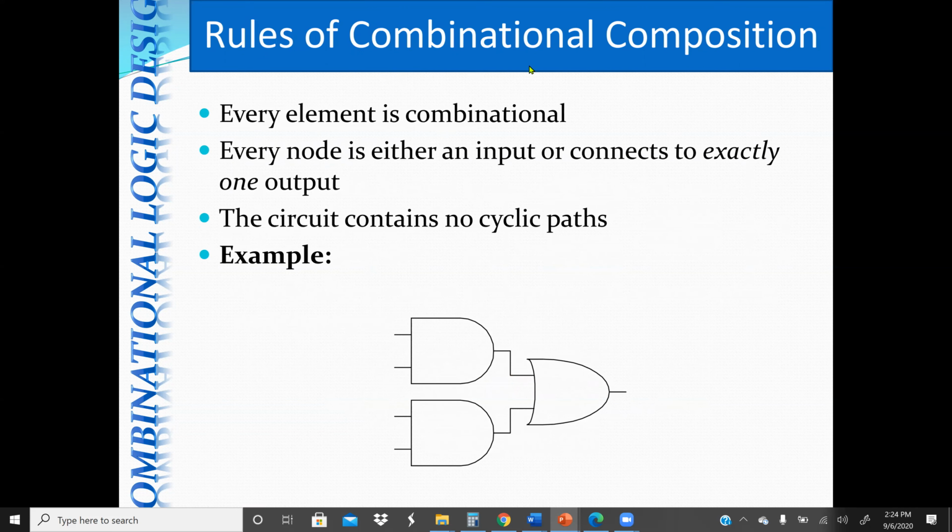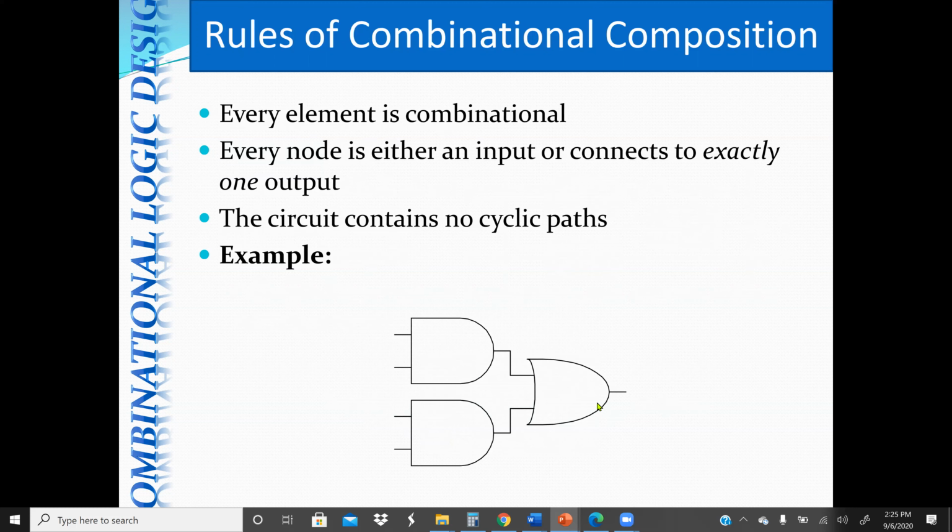Here are the rules of combinational composition. Every element is combinational, and every node is either an input or connects to exactly one output. Also, the circuit contains no cyclic paths. This is a very good example. Looking at this circuit, we have two AND gates and one OR gate, which we already talked about.